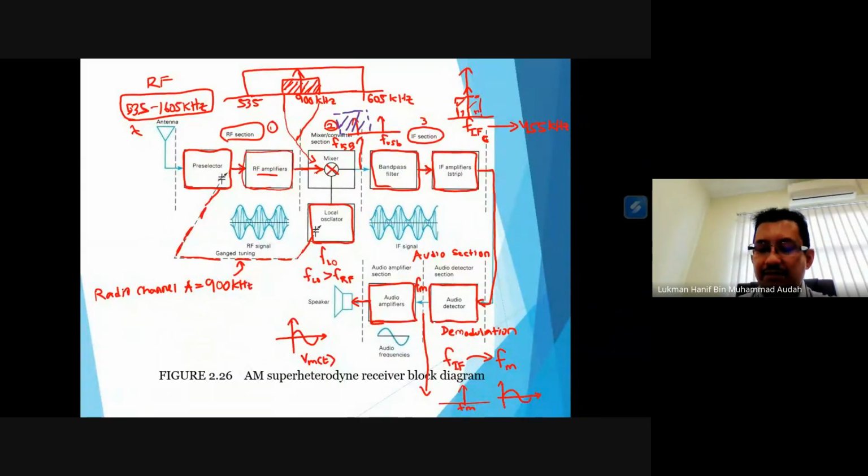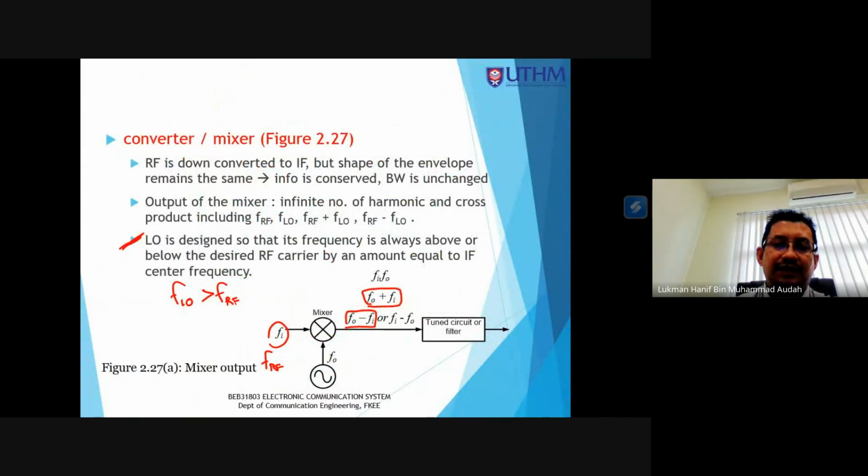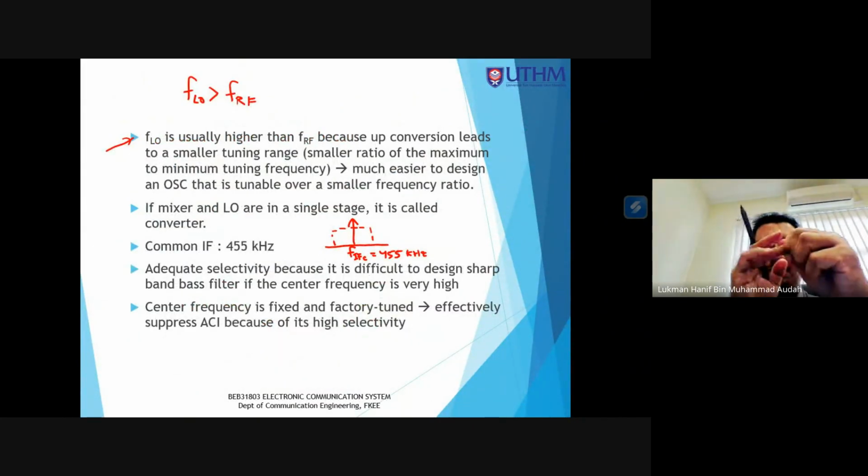How do I know that? 455 kilohertz can be achieved because the circuit of the receiver is designed like that, as a standard, so that 455 will become the standard center frequency for AM.